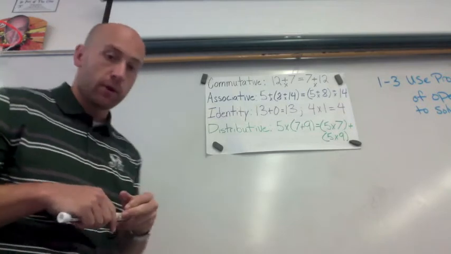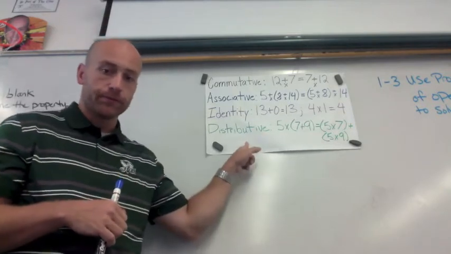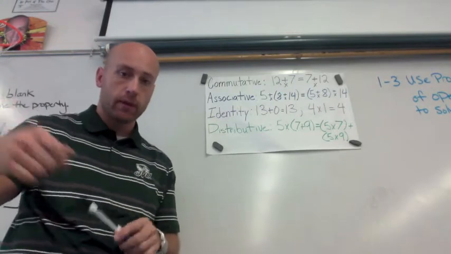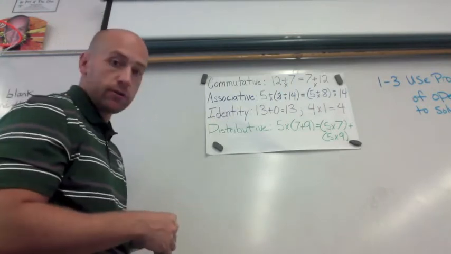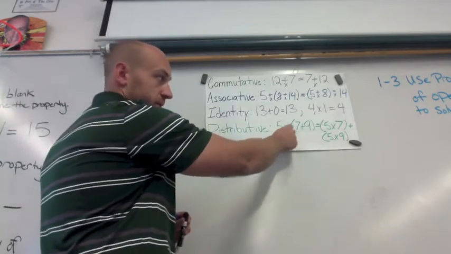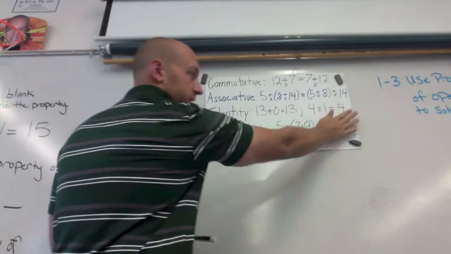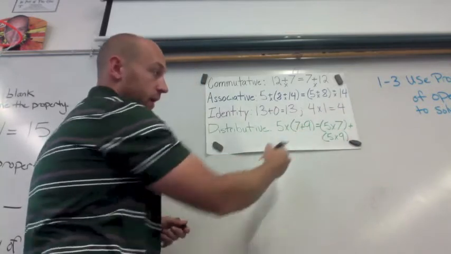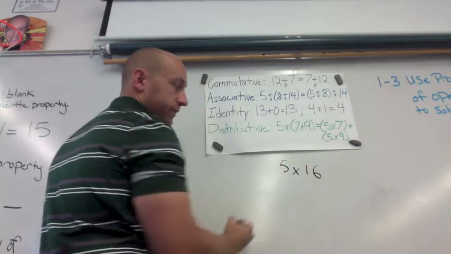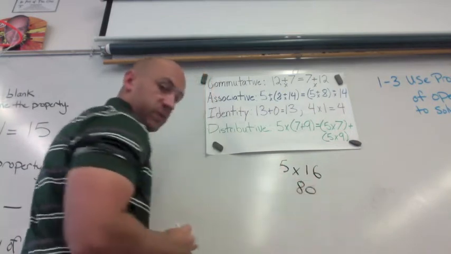Okay, and then the trickiest one is the distributive property. The distributive property is like the mailman. They distribute mail. The distributive property just shows you that you're going to get the same answer. So we have 5 times 7 plus 9. If you just did this problem, 7 plus 9 is 16, and if you times it by 5, you'd get 80.